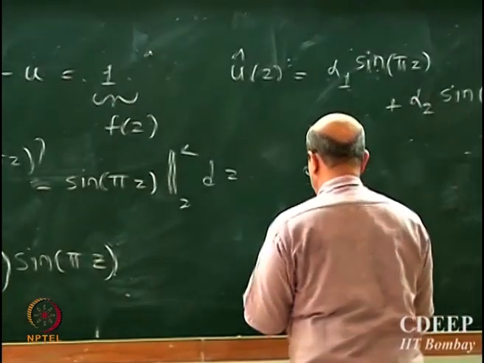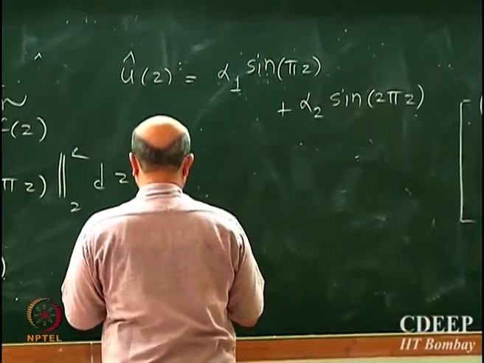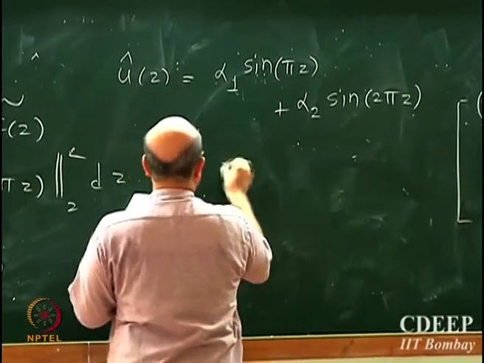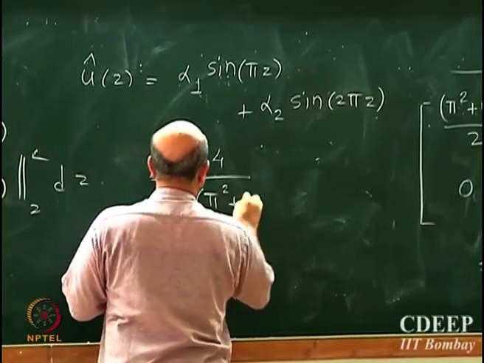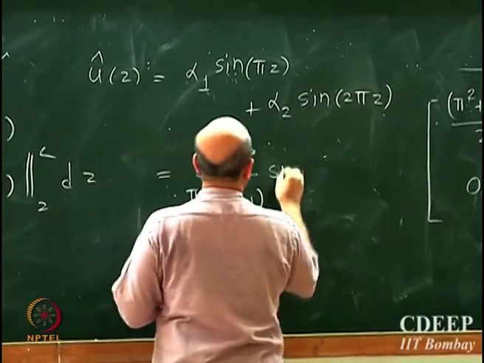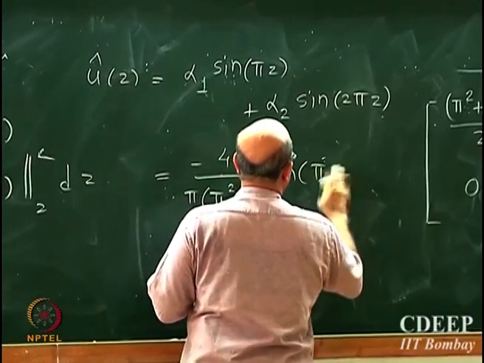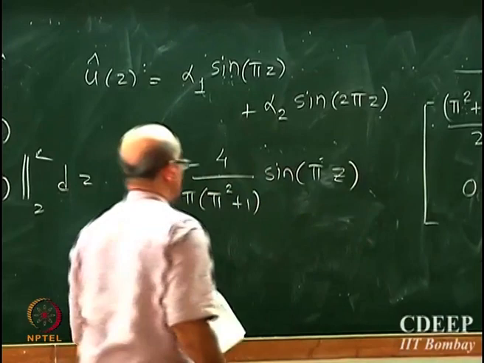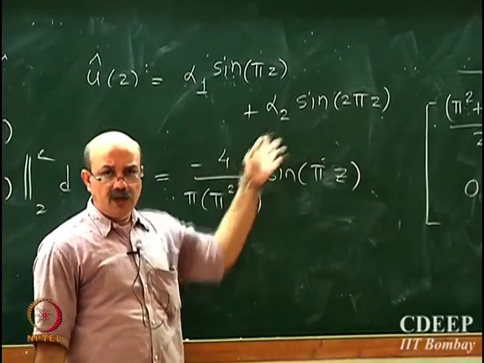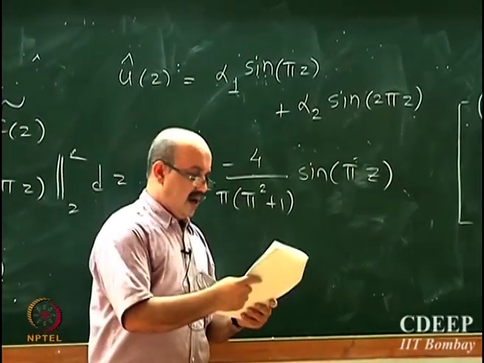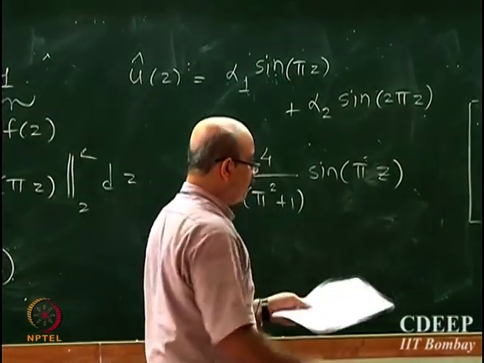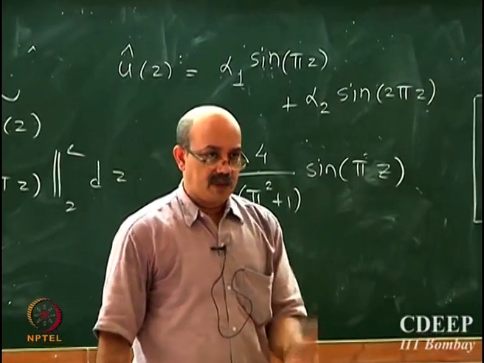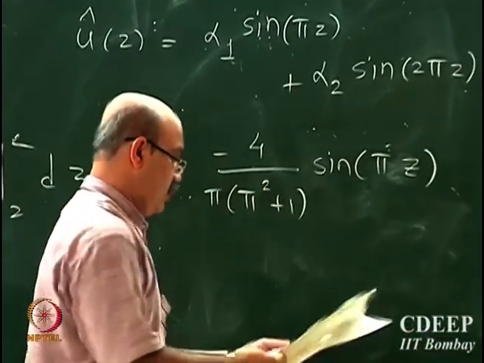my solution comes out to be minus 4 by pi square plus 1 sin pi z. So which means alpha 2 comes out to be 0, alpha 1 comes out to be this, and this solution is pretty close to the true solution, which in this particular case can be found out.